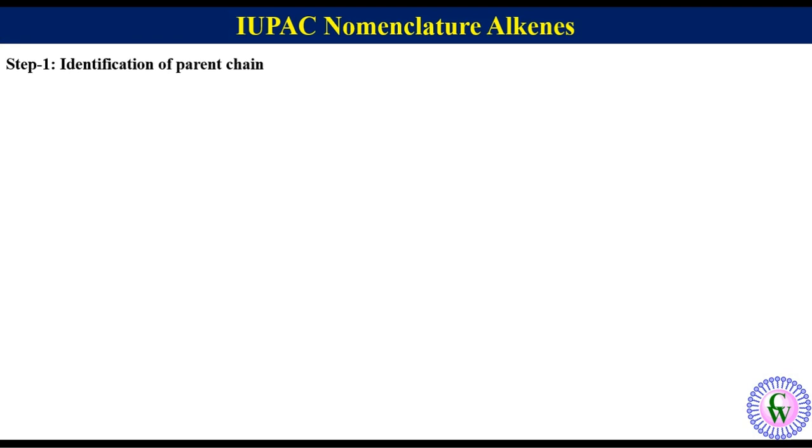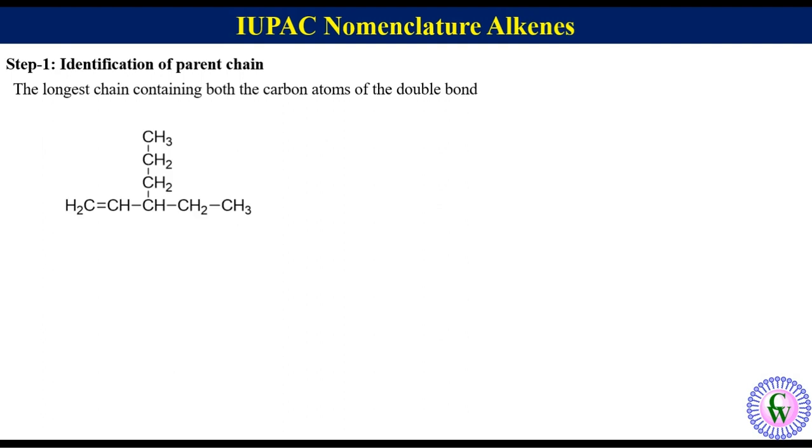Step 1. Identification of parent chain. In the case of alkene, parent chain is the longest chain containing both the carbon atoms of alkenic double bond. For example, in this alkene molecule, there are 3 carbon chains: a 6 carbon chain without carbon atoms of double bond, a 5 carbon chain with both the carbon atoms of double bond, and a 6 carbon chain with both the carbons of double bond.